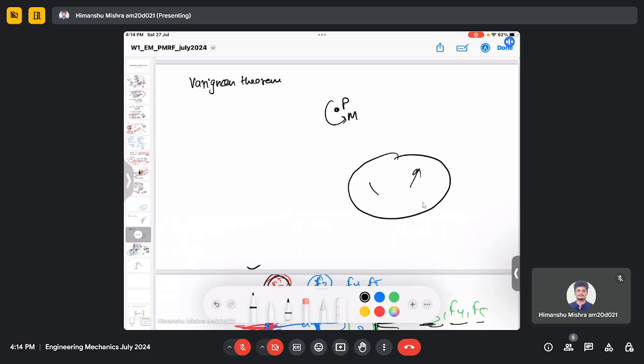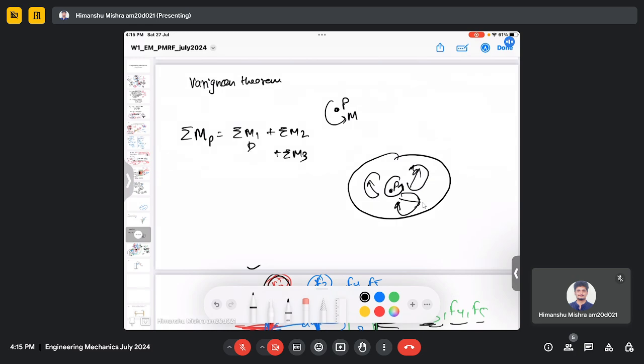There will be multiple forces acting here, and each is creating a moment on this point. So the moment due to this force, the moment due to this force, and the moment due to this force is equal to the net moment around this random point P. So it says that the total moment around point P is a summation of all the moments.